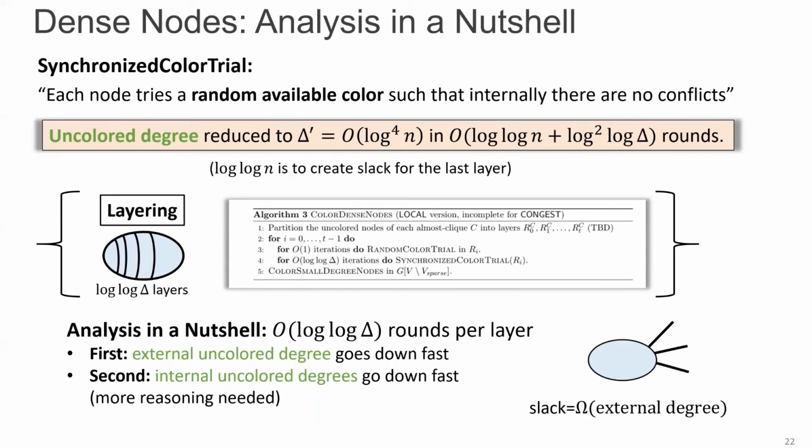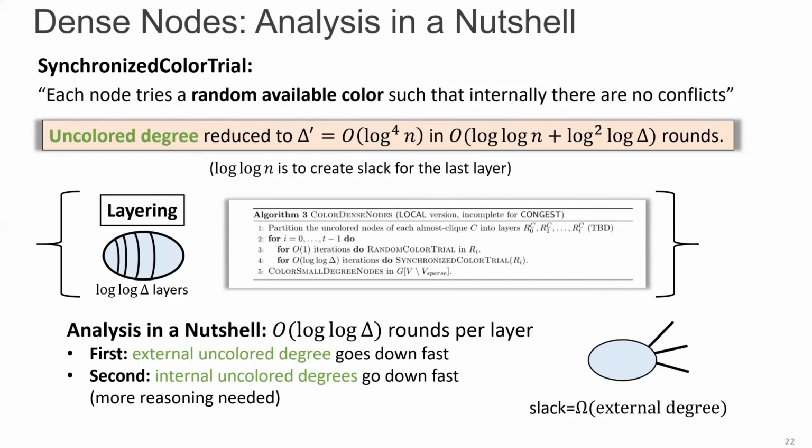And the analysis then shows that first, the external uncolored degree goes down fast, very similar to an analysis that we've seen earlier in this 2 delta coloring. And once this is small, also the internal uncolored degrees go down fast.